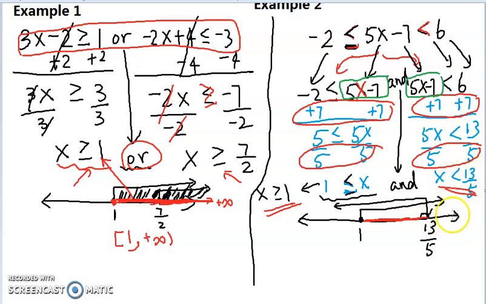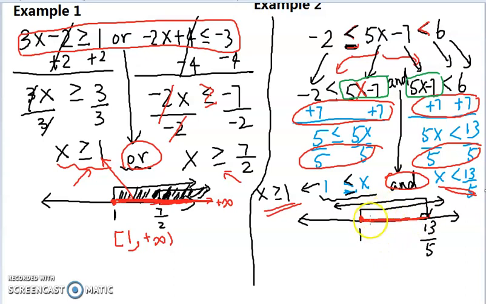They're going to be bigger than 13/5. And notice and means we have to look for numbers to meet both requirements. So that's why we have to stop right here. So the solutions will be numbers from 1, including 1, all the way up to 13/5, but not including 13/5.